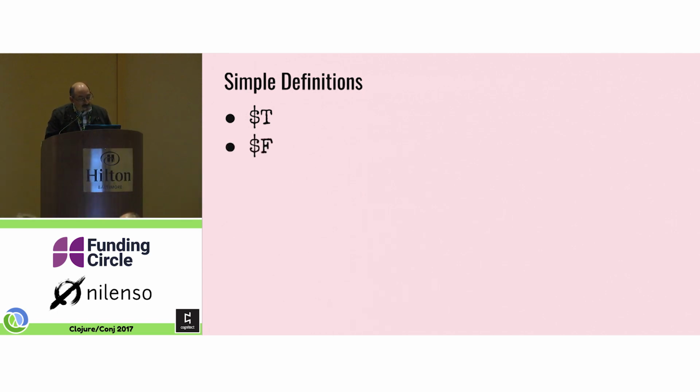This $f represents false. This $nil represents the empty list. This $cons is the equivalent of the standard cons operation, but this one can allow you to cons two symbols together. Atom is a predicate. It returns true if the given argument is an atom.